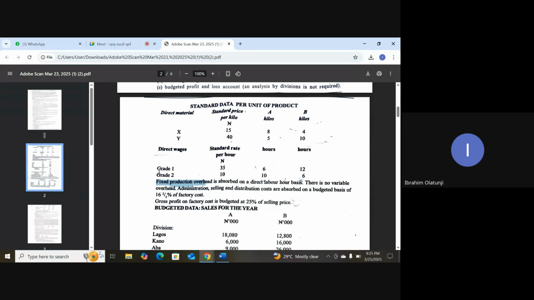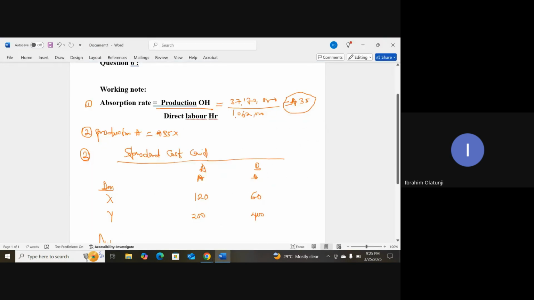So we go to our labor, grade 1 and grade 2. Under product A, we have 6 hours for grade 1 and 10 hours for grade 2. Adding them, that should be 16. Then 35 times 16.